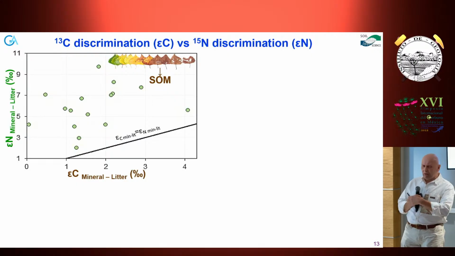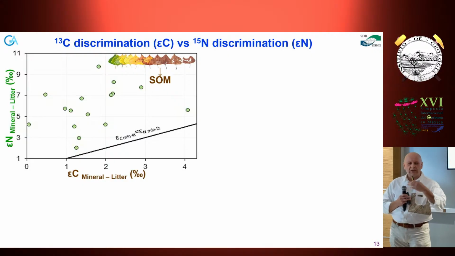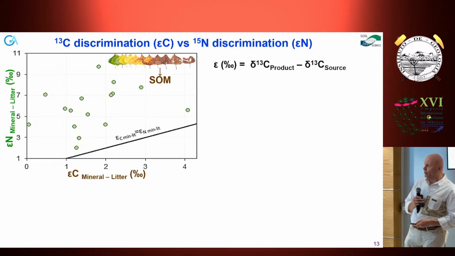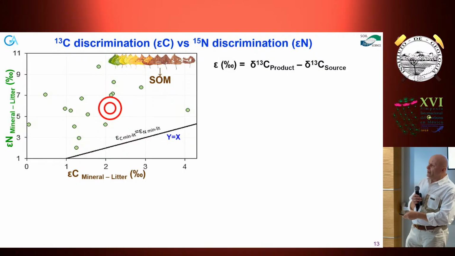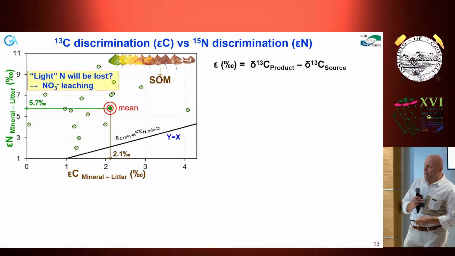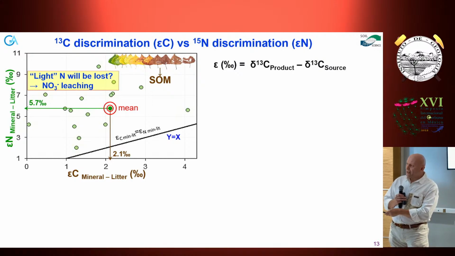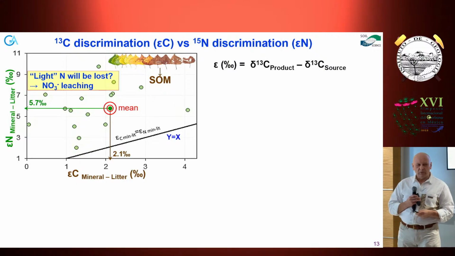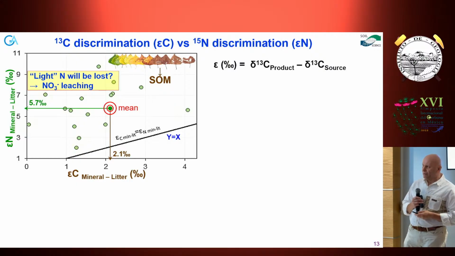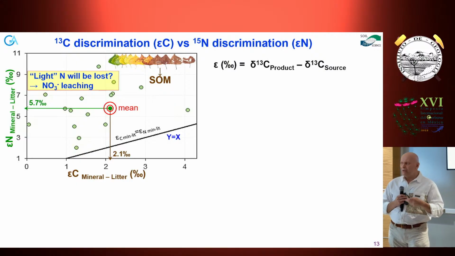And you see that all points are located above the one-to-one lines. On the average, it's somewhere here. It means that actually discrimination for carbon is much less compared to the discrimination by nitrogen. It means nitrogen will be lost.